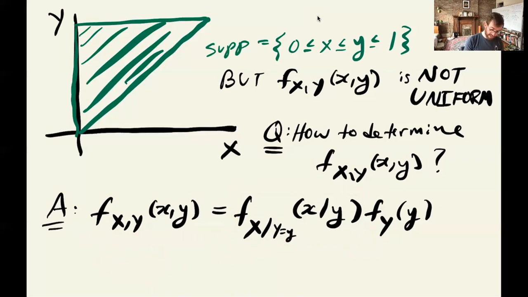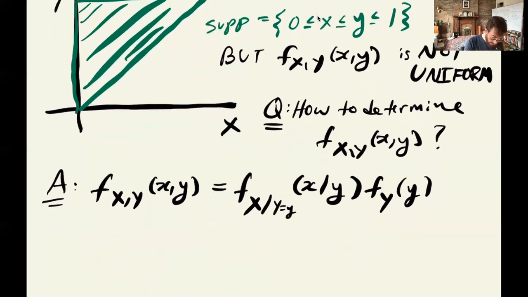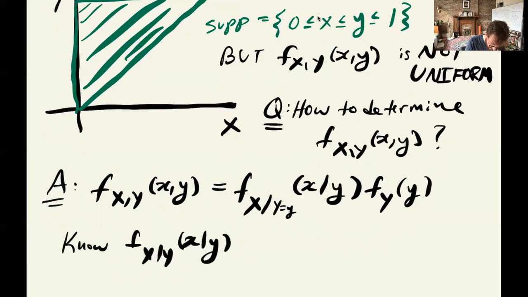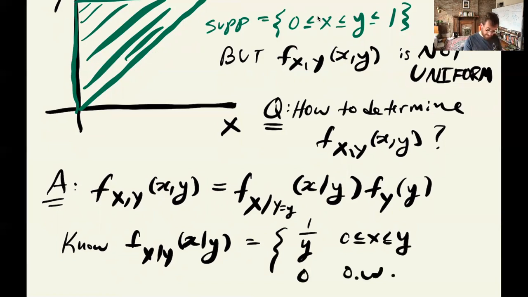So what does it look like in this case? Well, we've got something that looks basically like this. F of x given y. So we know that f of x given y, little x, little y, looks something like 1 over y for x between 0 and y, and 0 otherwise.